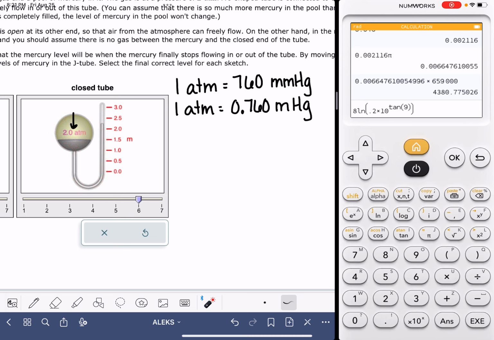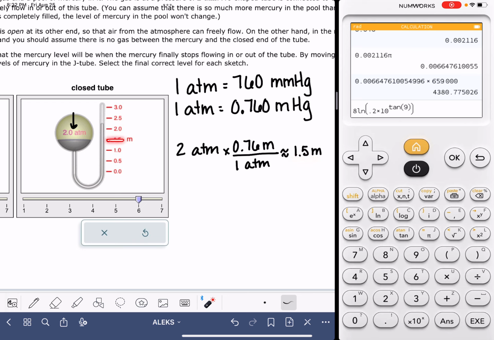So 2 atmospheres, multiplied by our conversion factor, 0.76 meters is equal to 1 atmosphere. I'm going to leave the mercury symbol off. I'm not going to use the calculator, this is just going to be approximately 1.5 meters, which means that the 2 atmosphere pressure pushing down on the surface of this mercury is going to cause the mercury to rise up the column by about 1.5 meters.